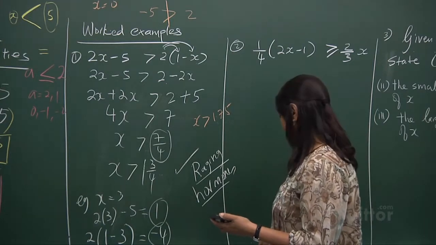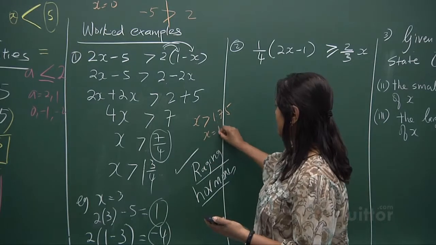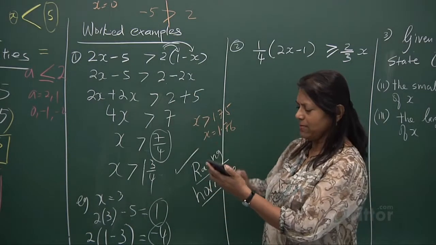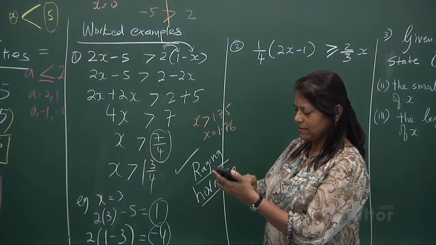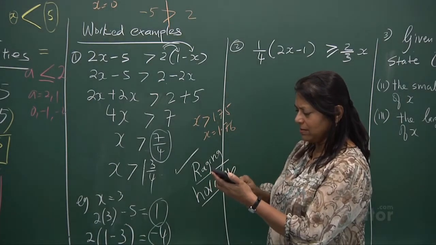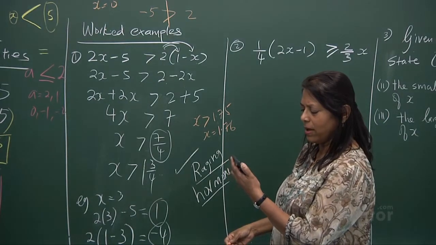We take X as 1.76. Let X equal 1.76. Put down 2 times 1.76 minus 5. You get minus 1.48.